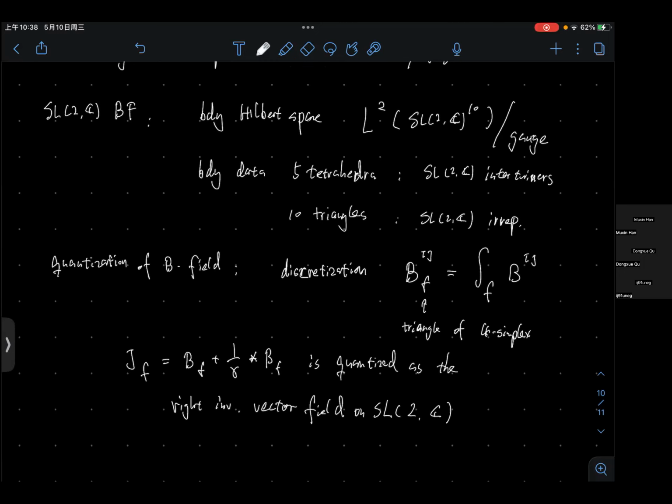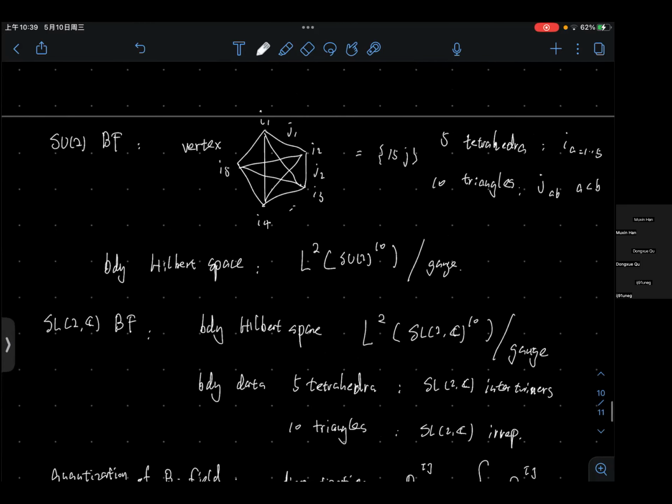On SL2C. Recall that in usual loop quantum gravity, we talk about SU2 spin network states. You have holonomies and the densitized triad. The densitized triad smeared on a surface gives you the flux operator, and this flux operator is quantized as the right invariant vector field on the SU2 group. Here it's more or less the same, but the group is SL2C.